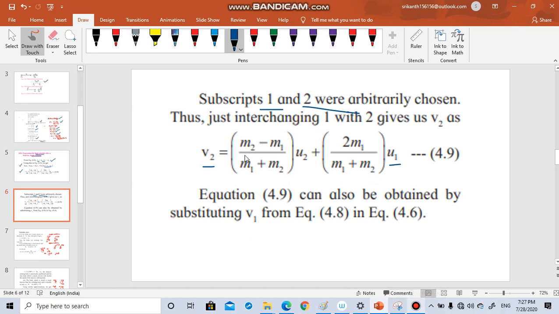How has this formula come? It has come from the principle of conservation of momentum and kinetic energy. When both are used together, you finally get this expression. I have not put the total derivation over here. Anyone really seriously interested can WhatsApp me. When I am free, I will solve it and send it to you.